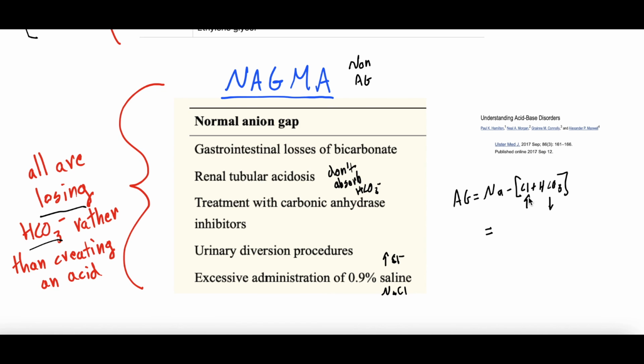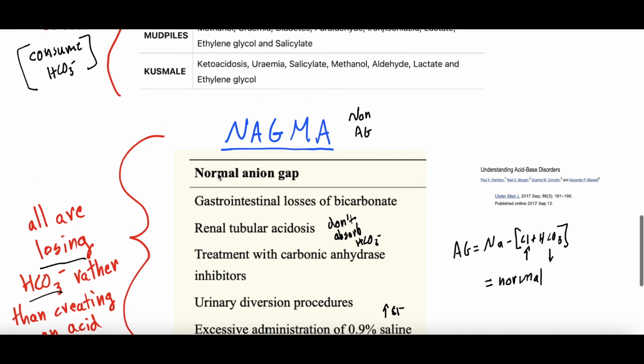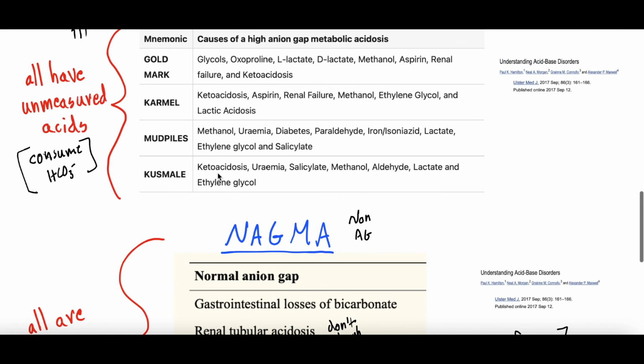So this is net neutral and it ends up with a normal anion gap because these cancel out. Hopefully that makes sense. We know that there's a lot here between kind of pathophysiology and then understanding how to apply the anion gap and non-anion gap, but hopefully that makes sense.